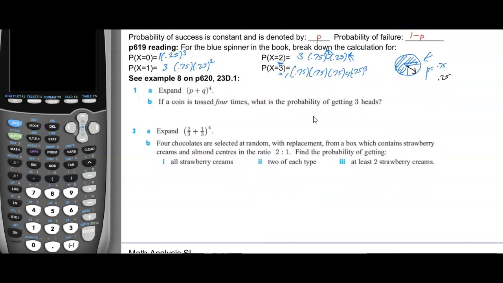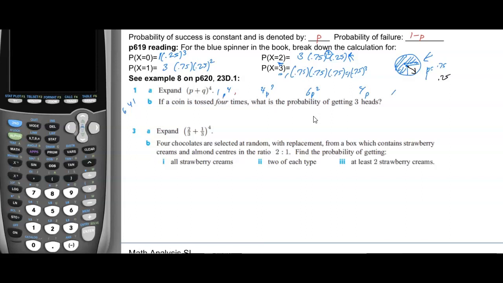Just a review of binomial expansion. Expand (p plus q) to the 4th. Remember that Pascal's triangle coefficients for row 4 are 1, 4, 6, 4, 1. So that would give us 1, 4, 6, 4, 1. And then we could put p to the 4th, p cubed, p squared, p to the 1st, and p to the 0.